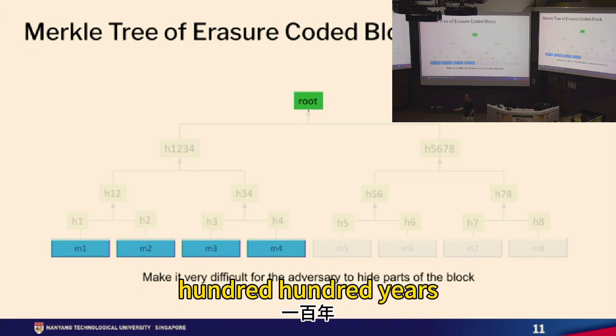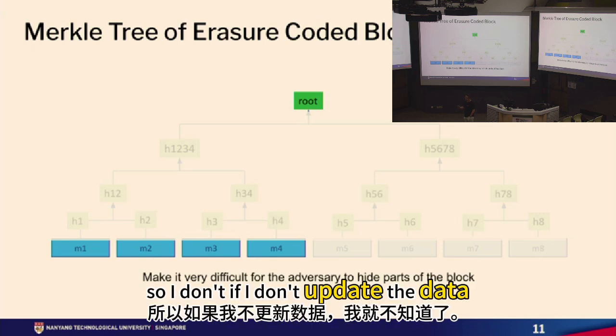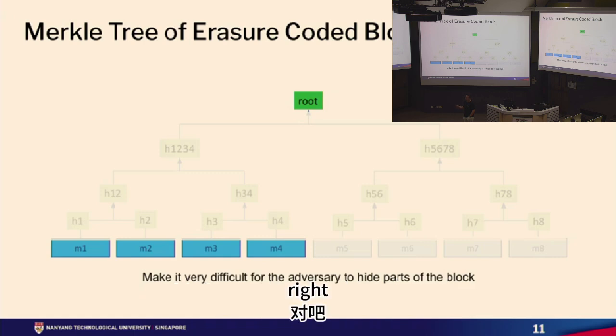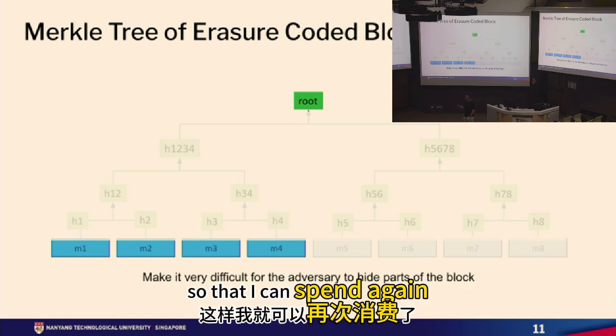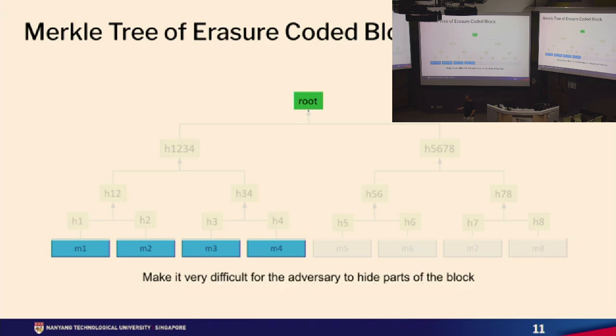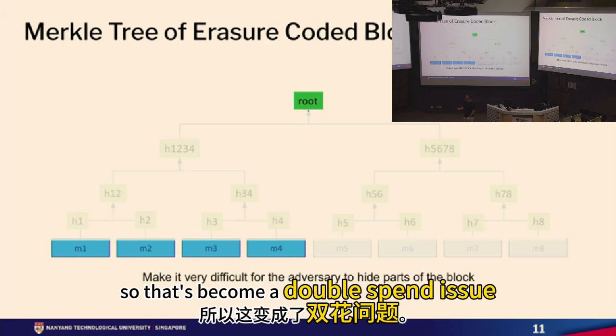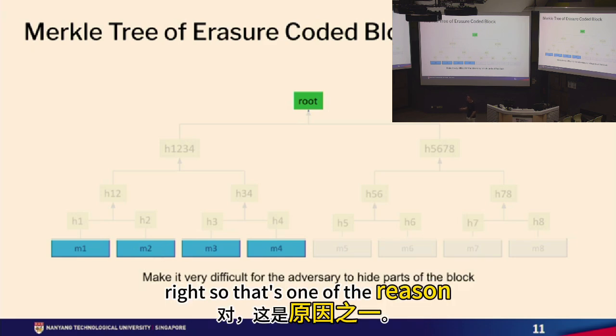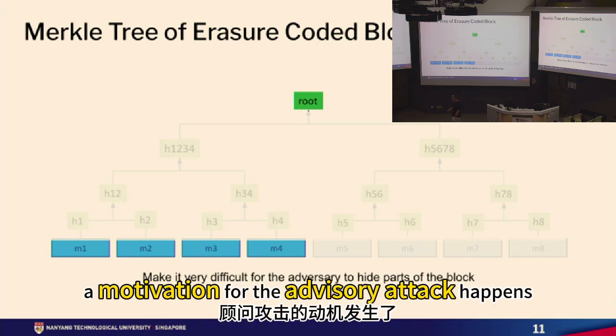If I don't update the data, this transfer is not updated, so I can spend again. That becomes a double spend issue. So that's one of the motivations for the adversary attack.